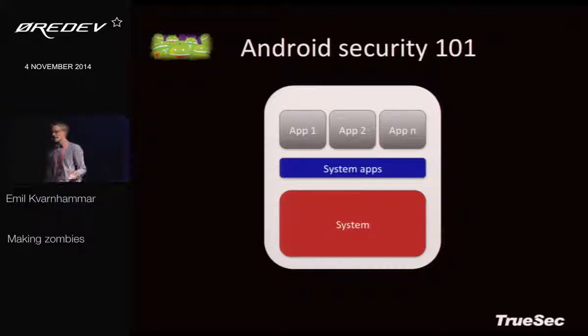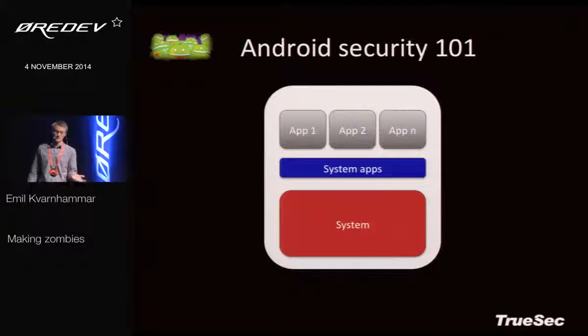In addition to regular apps, we also have some system applications that operate with slightly higher permissions, usually running as the system account instead. And finally, we have the system software where normally no applications have full access.